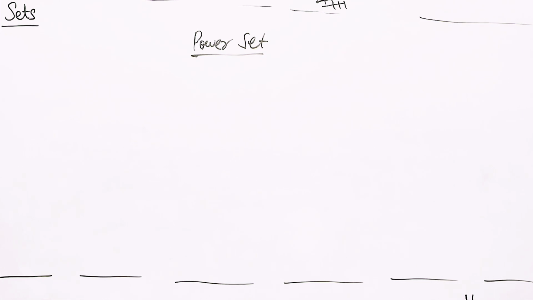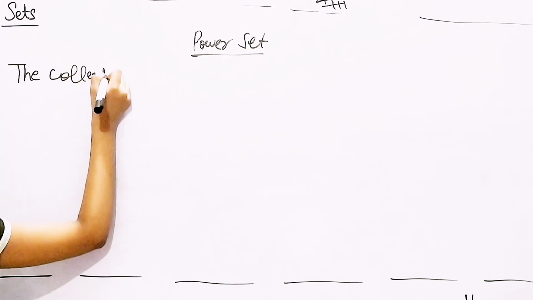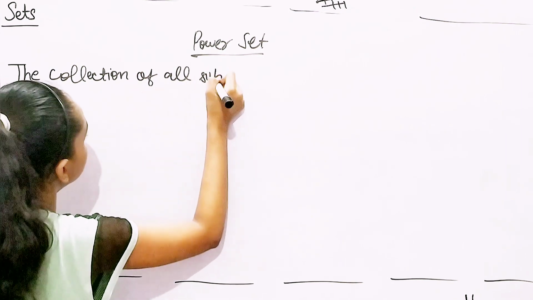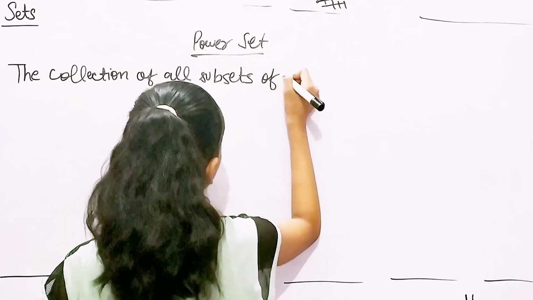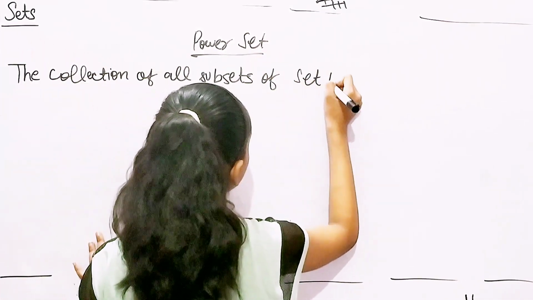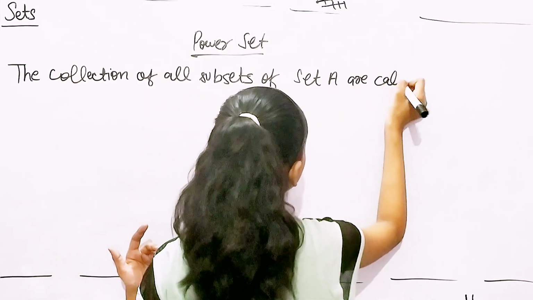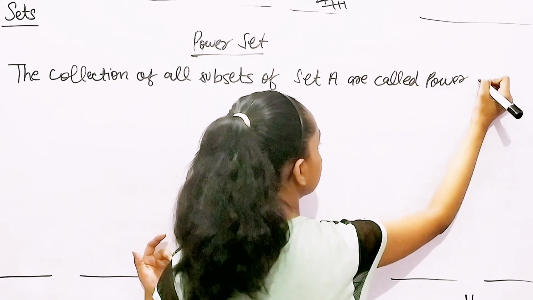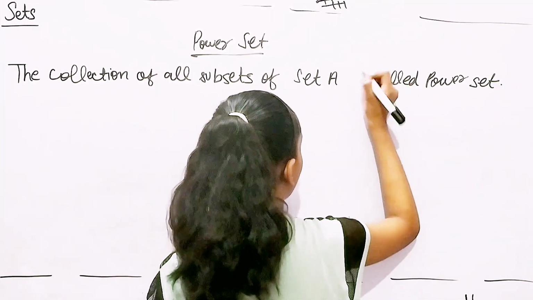The collection of all subsets of set A is called the power set.